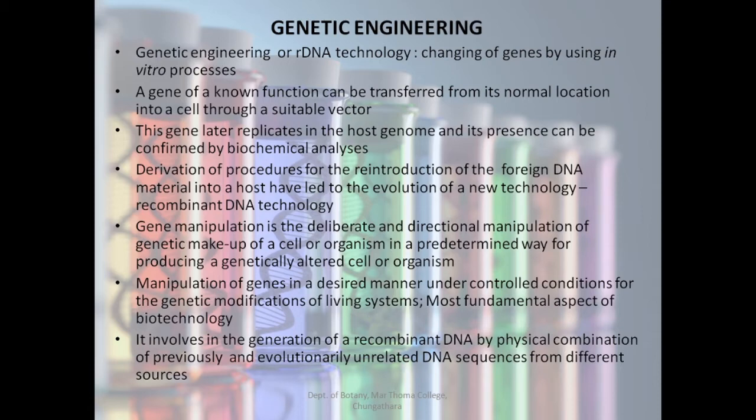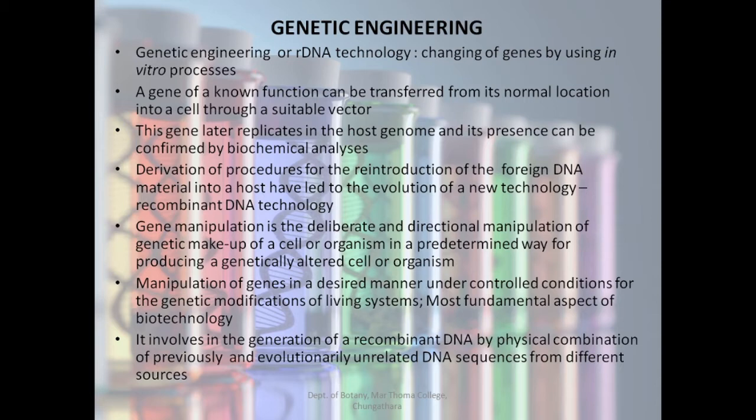So it involves the generation of a recombinant DNA by physical combination of previously and evolutionarily unrelated DNA sequences from different sources. This point is elaborated and the whole process is described.